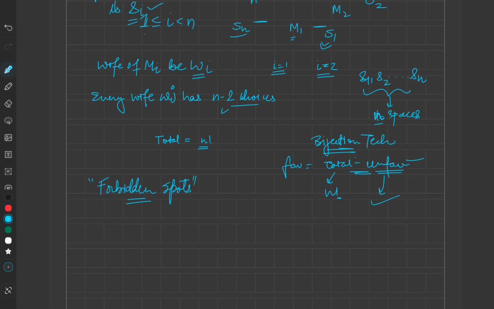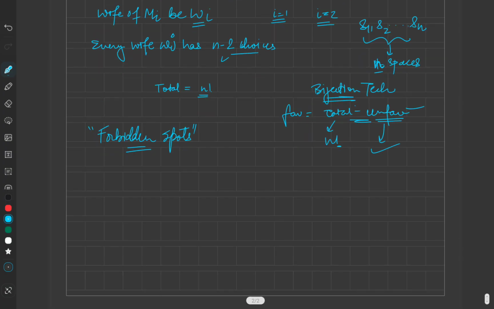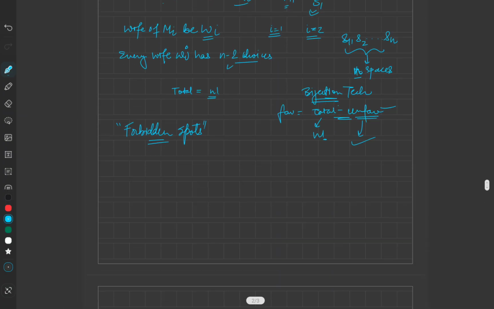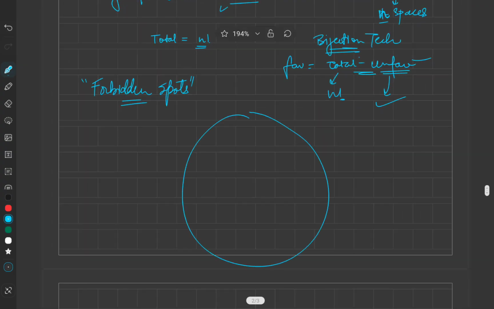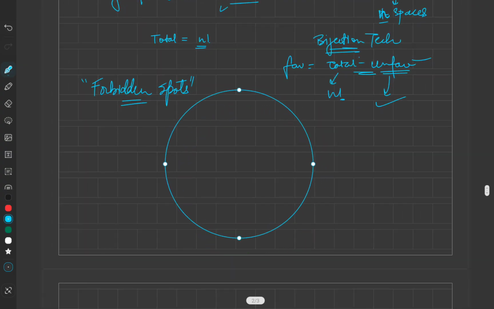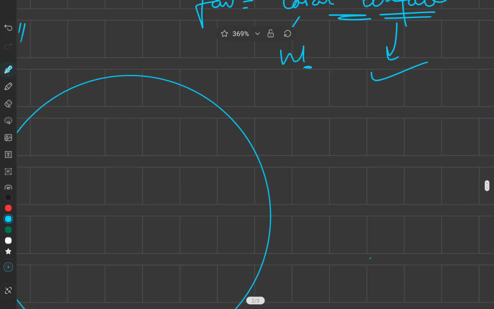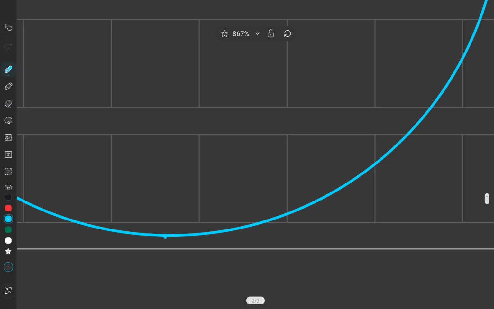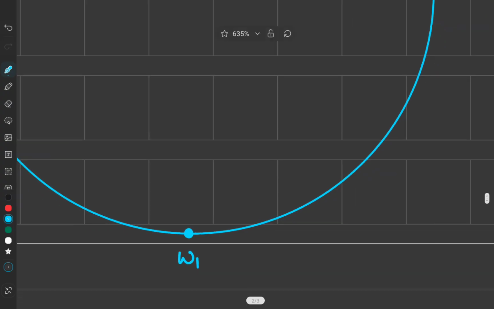Let us create a hypothetical polygon, a regular polygon obviously, with 2n vertices. Let's say the first vertex is w1, woman 1 sitting at s1.